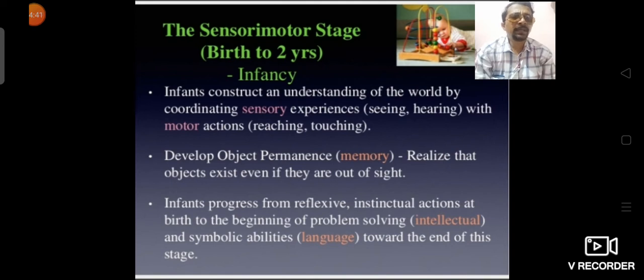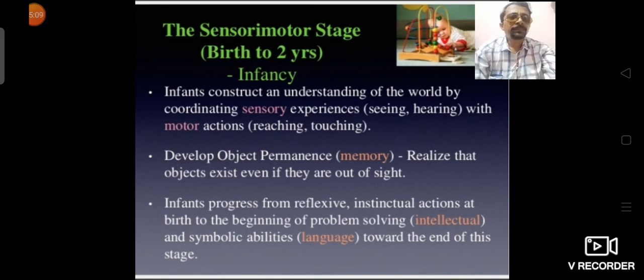It begins at the end of this stage. Generally infants try to talk with their guardians or parents. They are starting to talk small words or basic language. This is the development of the first period, birth to 2 years.